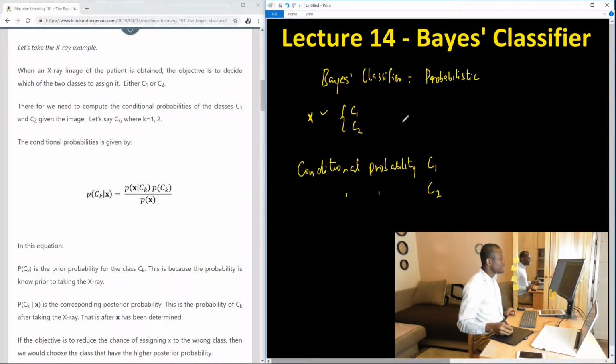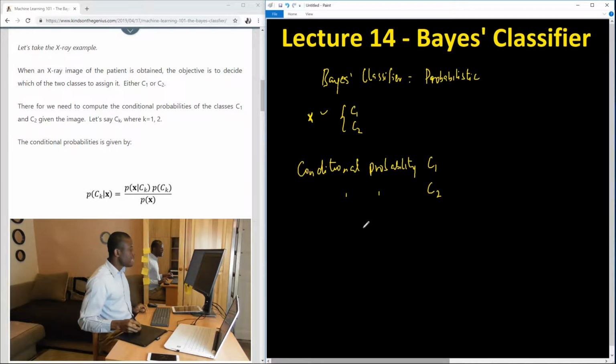I'm going to write, just for emphasis sake, and also to remind you that you need to learn how to write Bayes theory easily without having to look at anything.